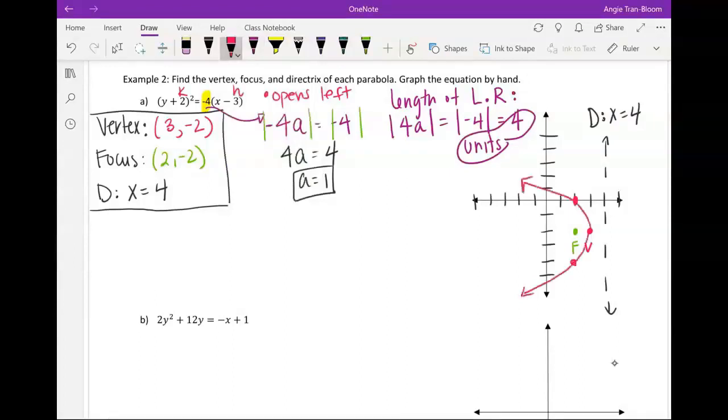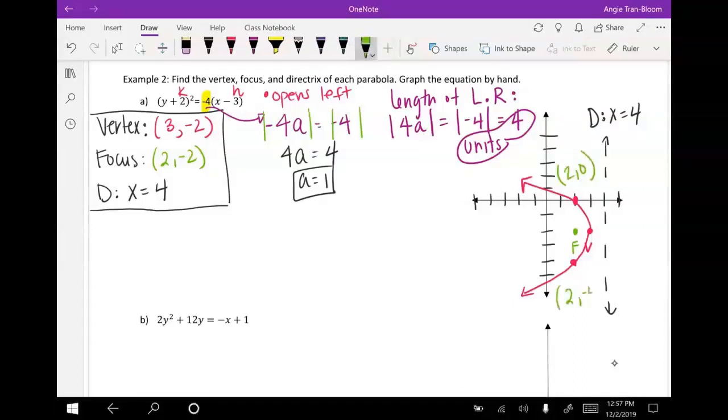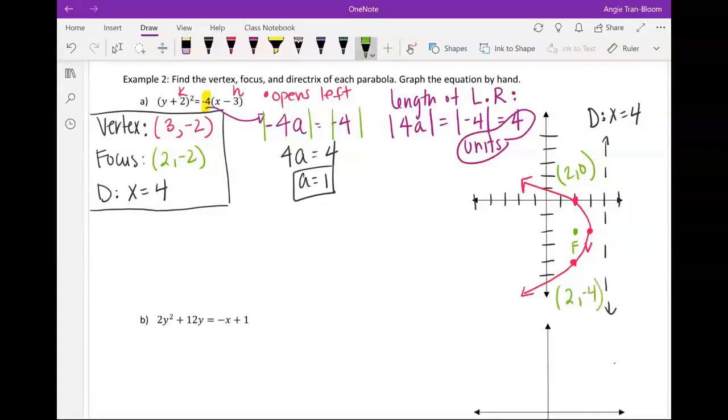And remember, I may ask you to find the location of the latus rectum, so might as well get used to labeling these. This is 2, 0, and then this is going to be 2, -4. Okay, so those are them.